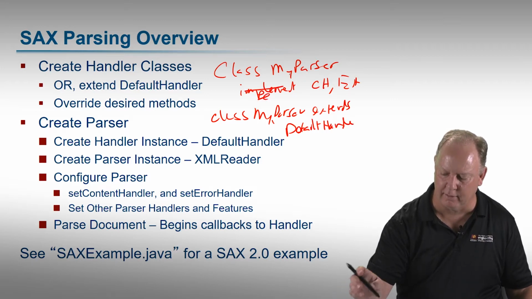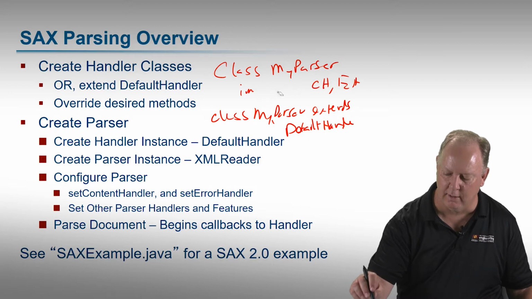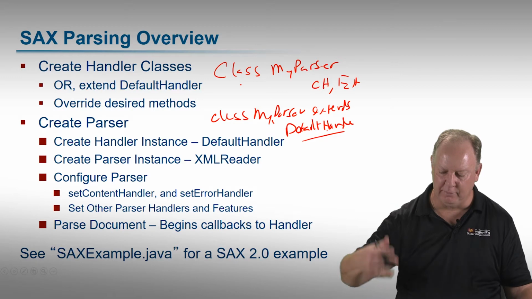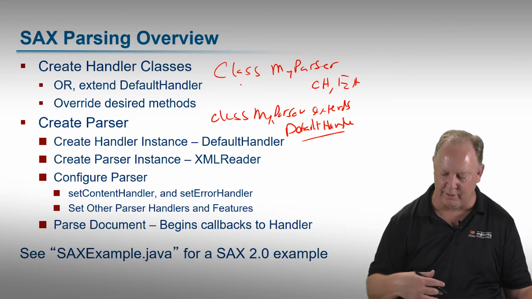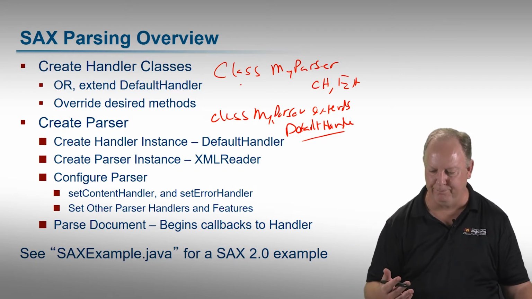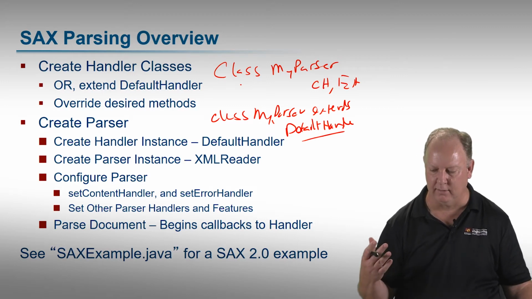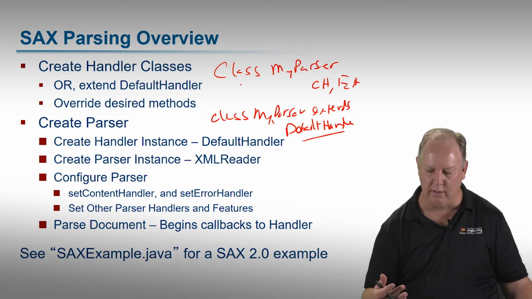I might have to look that up, to know whether it's an extends or an implements, because usually what you get with DefaultHandler, for example, are empty implementations of the handler methods, meaning you would actually have to override them in order to customize the methods that you would want to use.